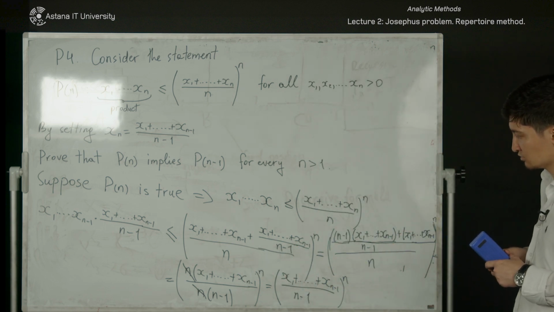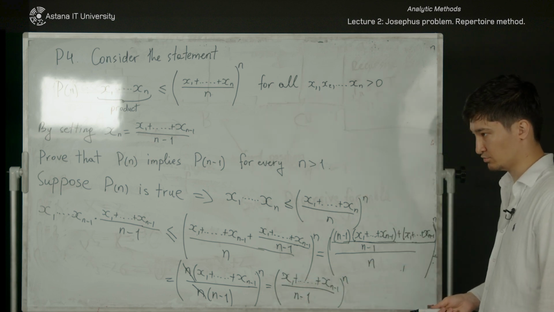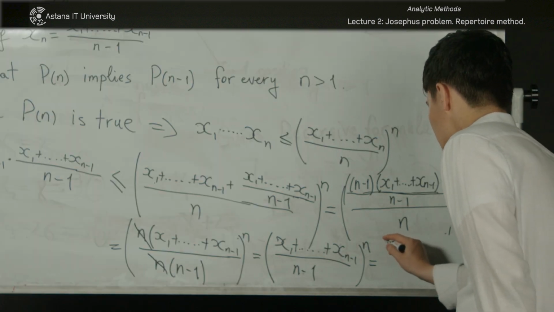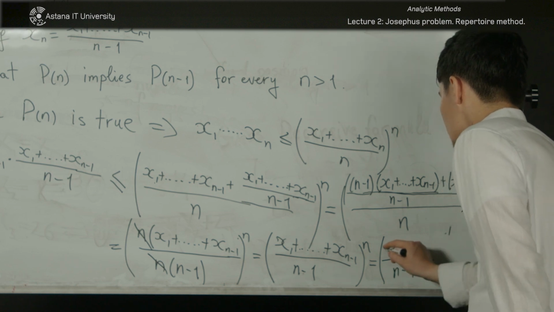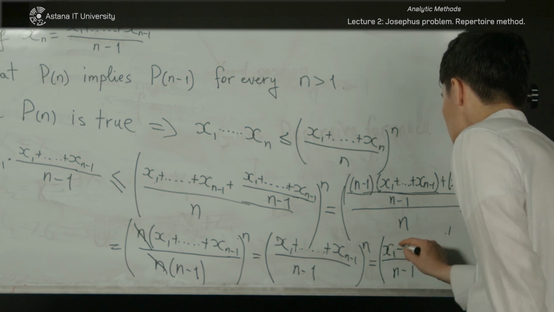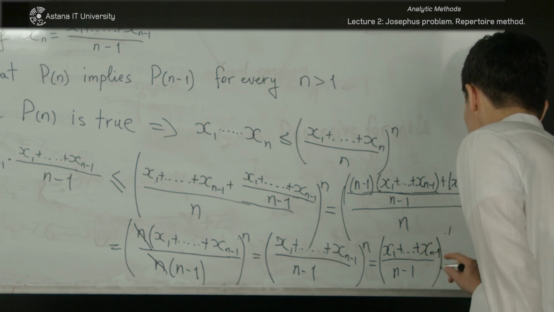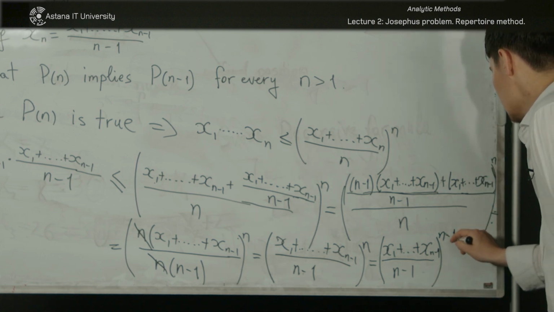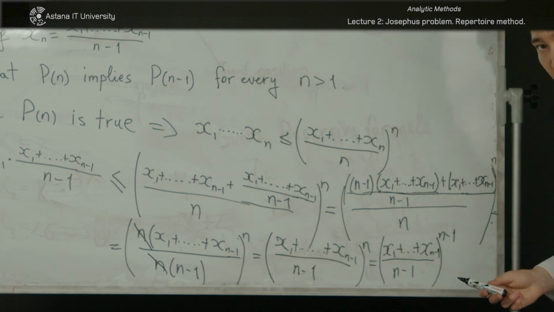To do that, we can slightly transform this expression. We can rewrite this one as n over here, n minus 1, so I have basically this expression multiplied by itself n times.